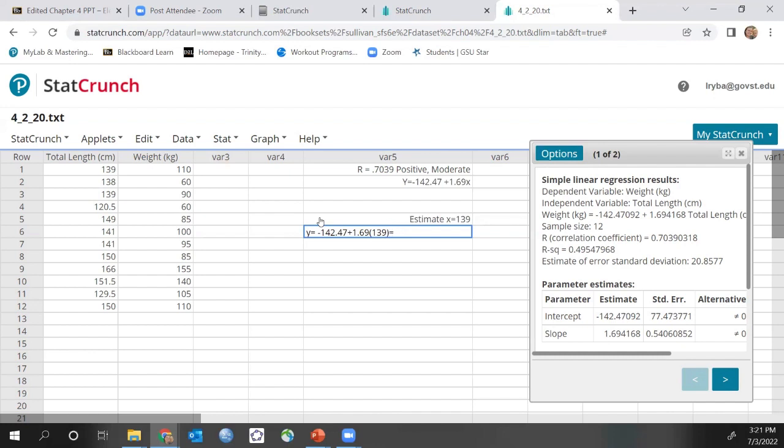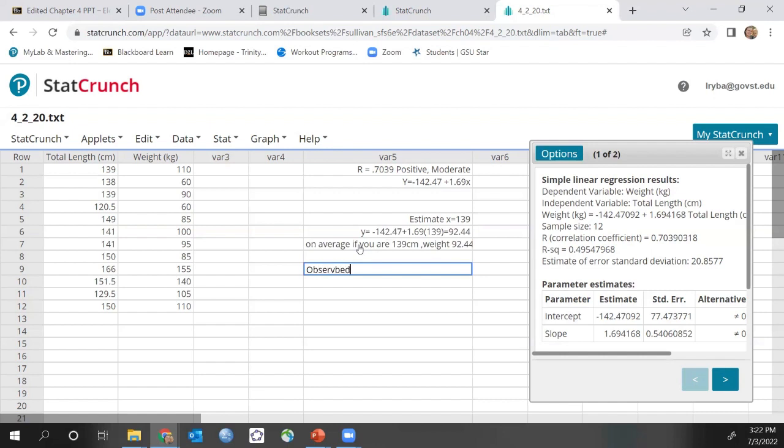Take a calculator: negative 142.47 plus 1.69 times 139. I got 92.44. So according to my formula, on average, if you are 139 centimeters, your weight should be 92.44 kilograms.